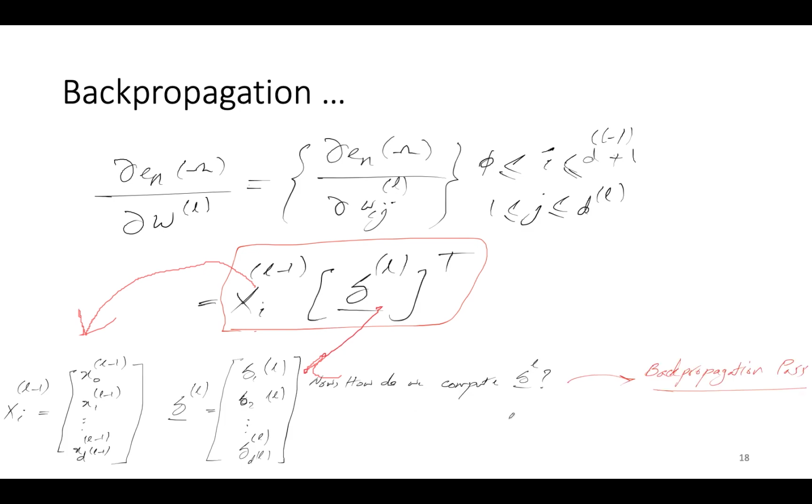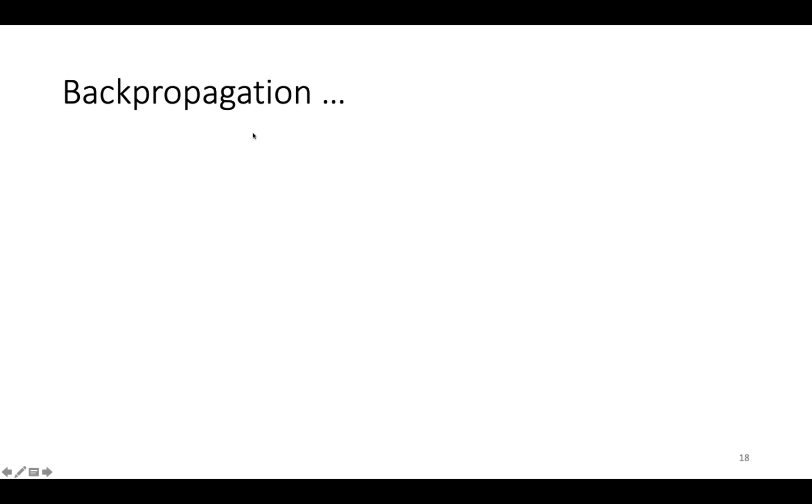How are we going to compute that matrix, or that vector, for each of those specific layers? That's the job of a backpropagation pass. So you start from the back. This is your output, right? Now you find some values, and you want to go backward.